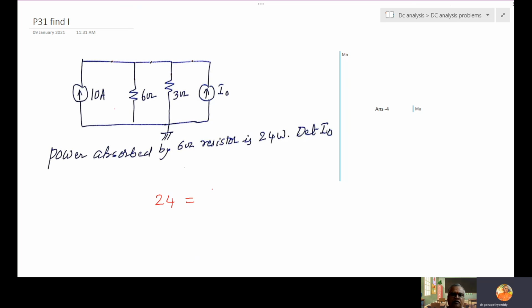If I use I square R, I square into 6, so I square equals 24 by 6. So it is 4. I is equal to 2 amps. So it is absorbing.